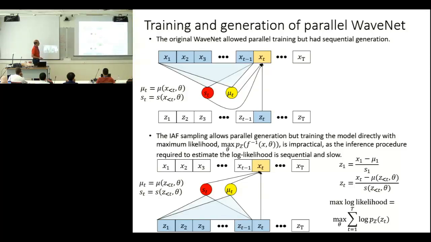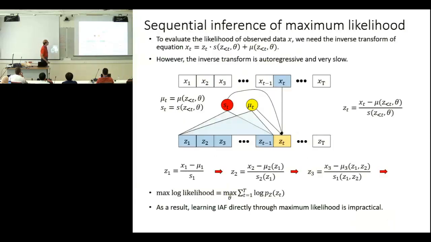As I told you, the generation is very fast because it can be done in parallel. However, here we have the following problem. The training is sequential, it's very slow. It is sequential because of this.